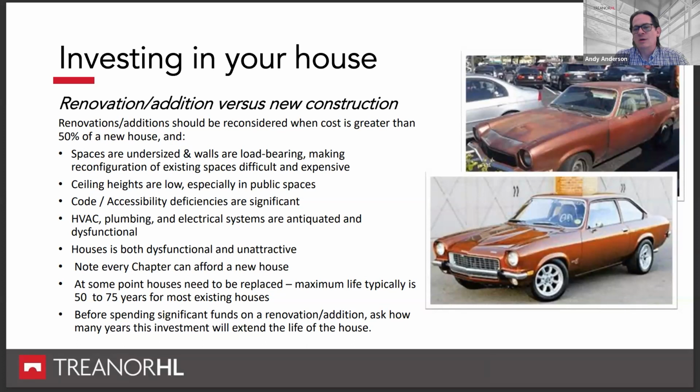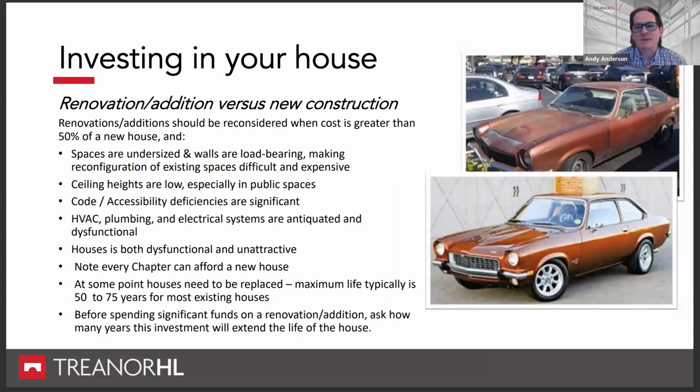I know we're running low on time, but this analogy is really great because my former boss, Mike Hugg, came up with it. In the 70s, there was this car called the Chevy Vega. John will remember this. It was not considered a very desirable car. So the analogy is, if you take an old beat-up, worn-out Vega and restore it to pristine, better-than-factory condition, it may look perfect, but you know what?